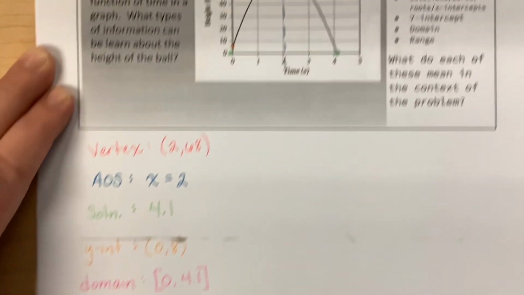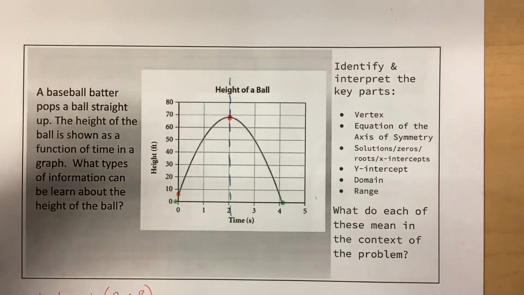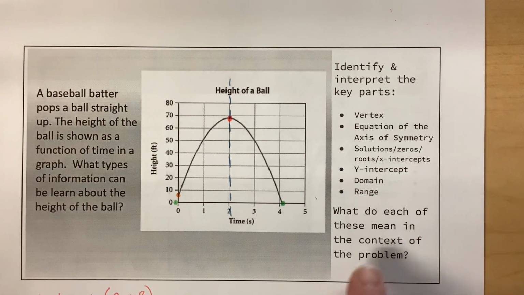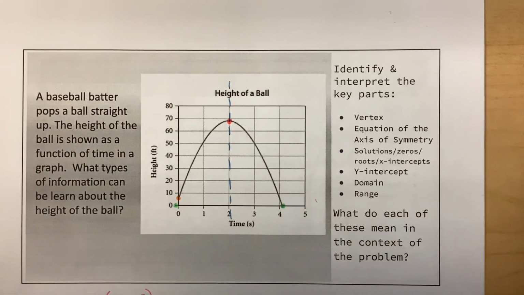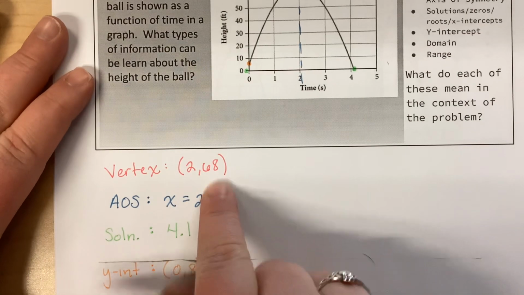All right, now the last thing that we didn't talk about in the other ones because it had no context was this question right here. What do each of these mean in the context of the problem? So let's talk about that real quick. So the vertex here, (2, 68).